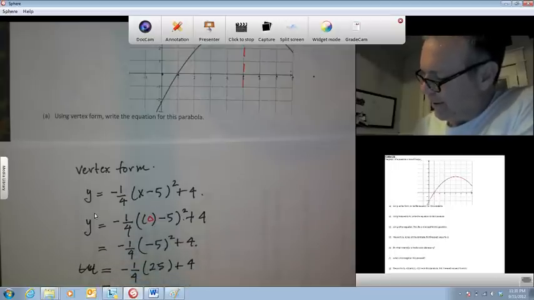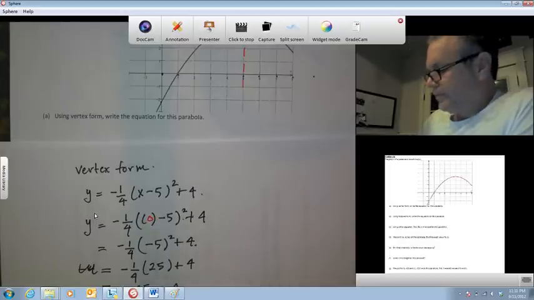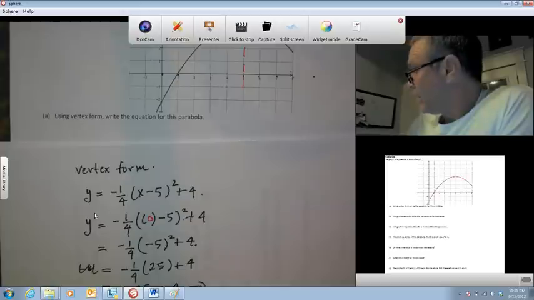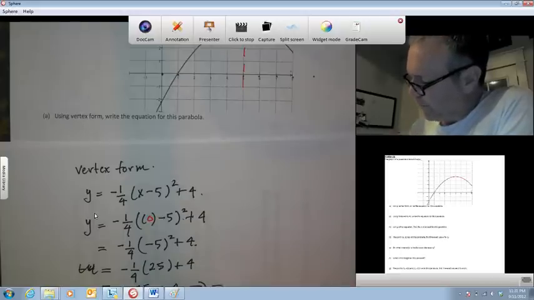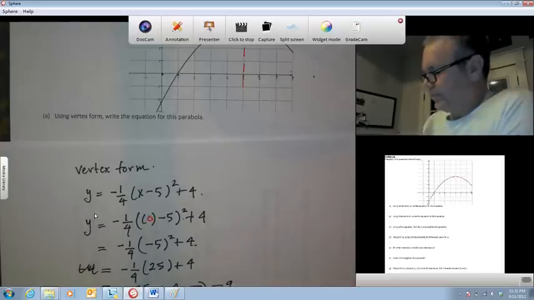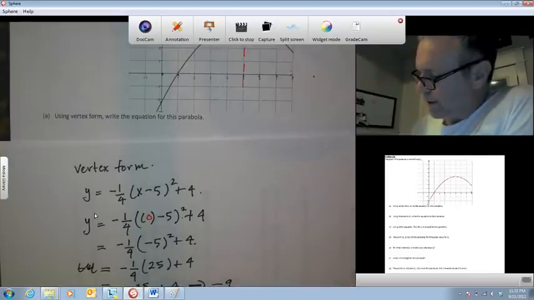We're going to leave it there, and it becomes negative 25 over 4 plus 4. Adding these fractions together, we're going to get negative 9/4. And that is going to be our y-intercept.